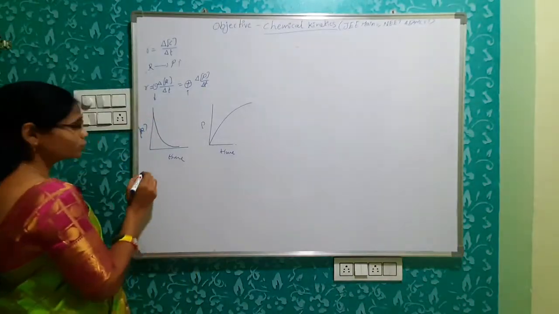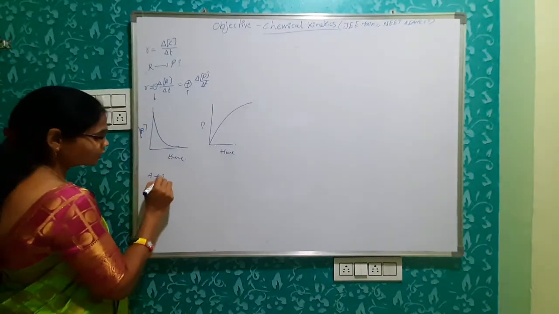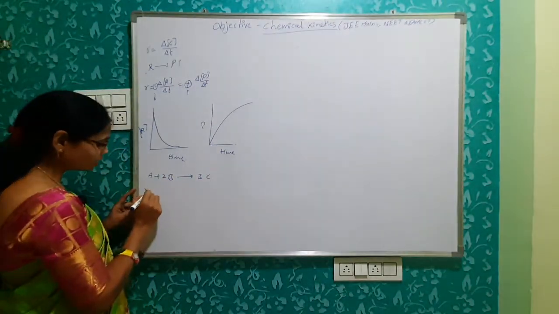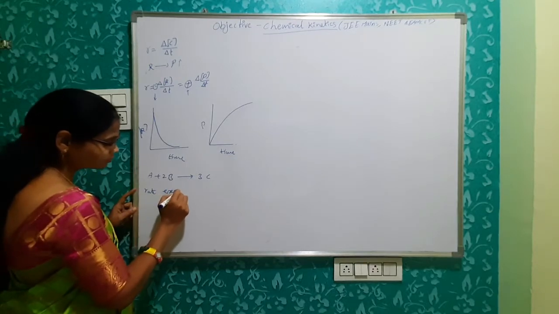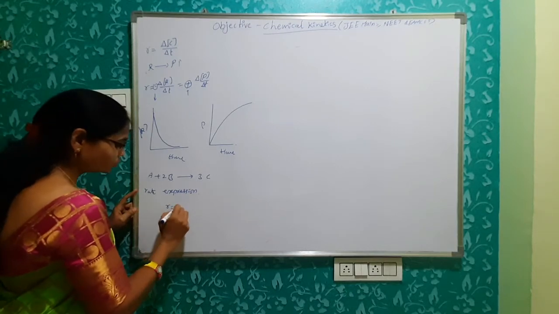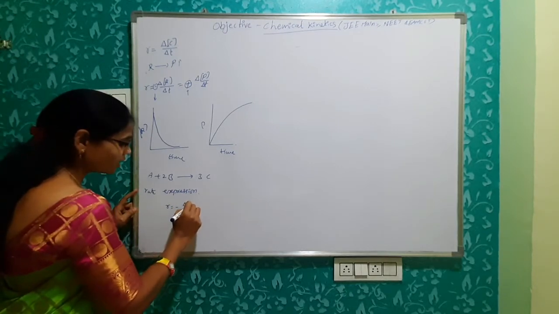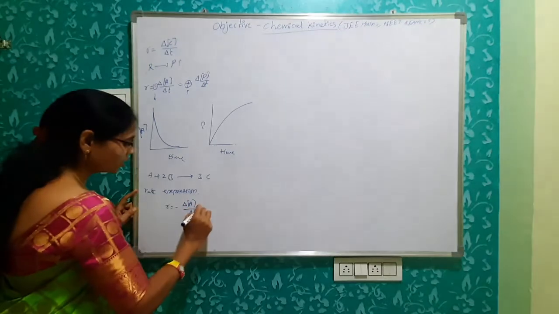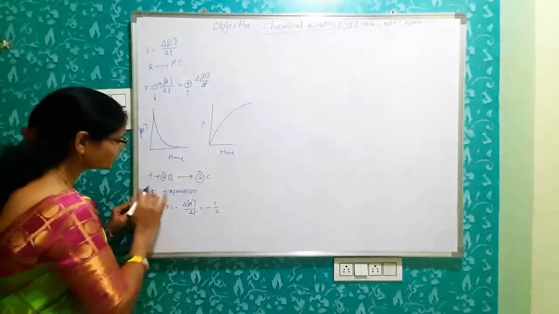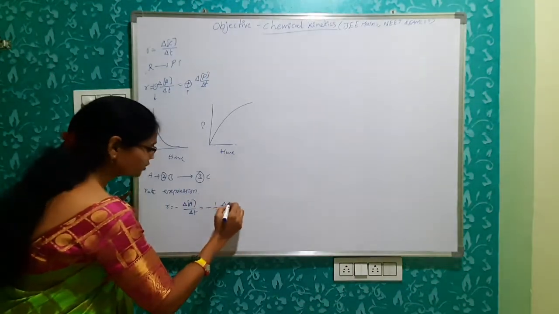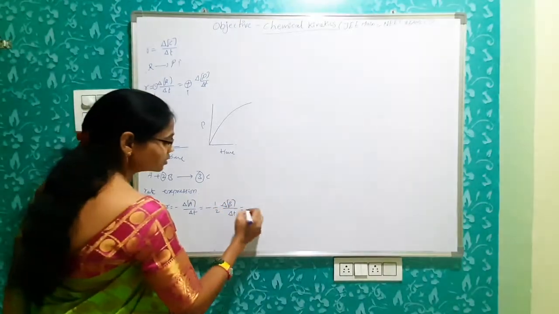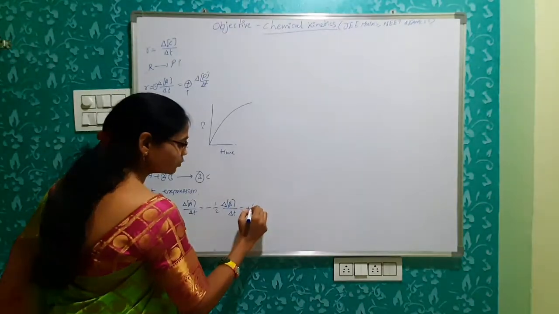Now suppose, for example, A plus 2B gives rise to 3C, any chemical reaction. How to write the rate expression? Here R is equal to minus delta A by delta T, which is equal to minus half delta B by delta T, where any stoichiometric coefficients present in the chemical reaction are taken in the denominator, and plus 1 by 3 delta C by delta T. The plus indicates the increase in the concentration of products.